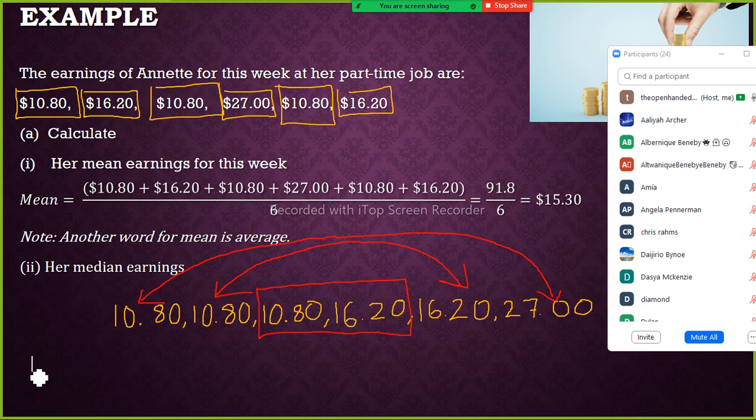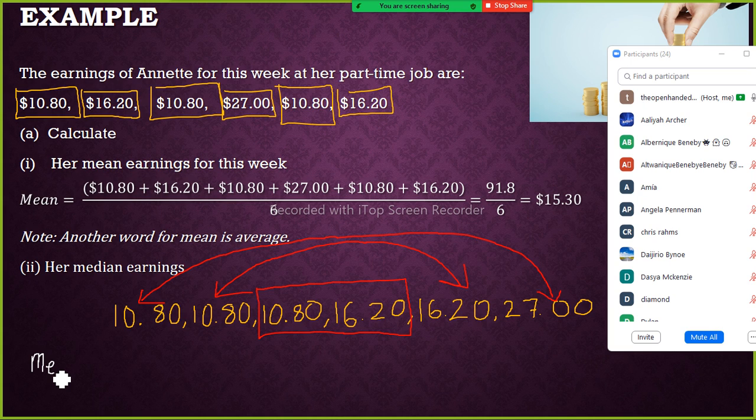Now, if there was one in the middle, then the answer is just that one number. But every time you have a data set with an even number of data points, you end up having to add these two numbers and then divide by 2. That's just how it happens.